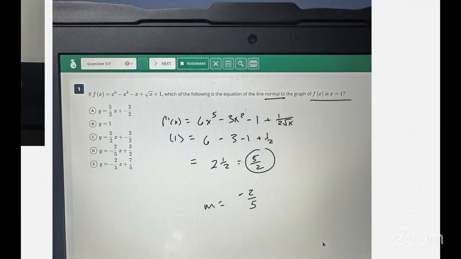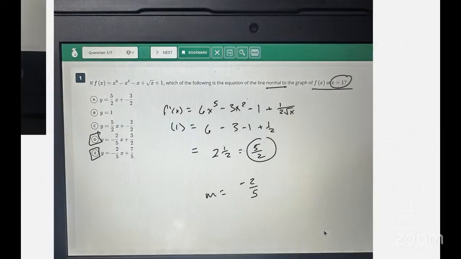And then the y-intercept, you plug in 1 for that to get a point. And your point would be 1 comma, when you plug in 1, you get 1. I think just 1, don't you? But wouldn't you have to plug in 0 for the y-intercept, not 1? No, you're finding another point, and then you're plugging it into the point slope equation of the line.